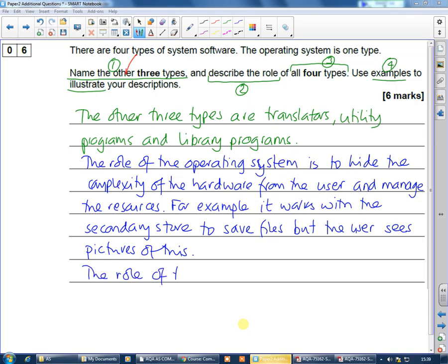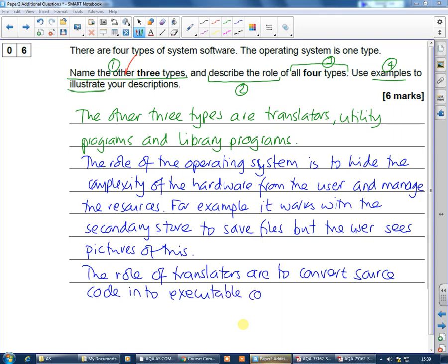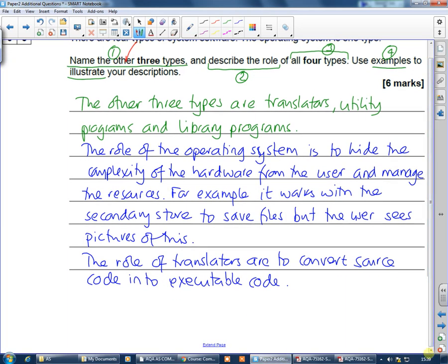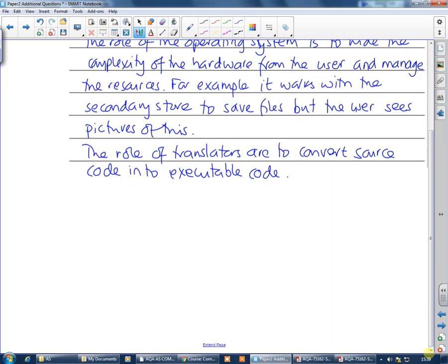The role of translators are to convert, remember it's to convert source code into executable code. Okay, now it's difficult to give examples here because what we need to do is actually say what each one is really.